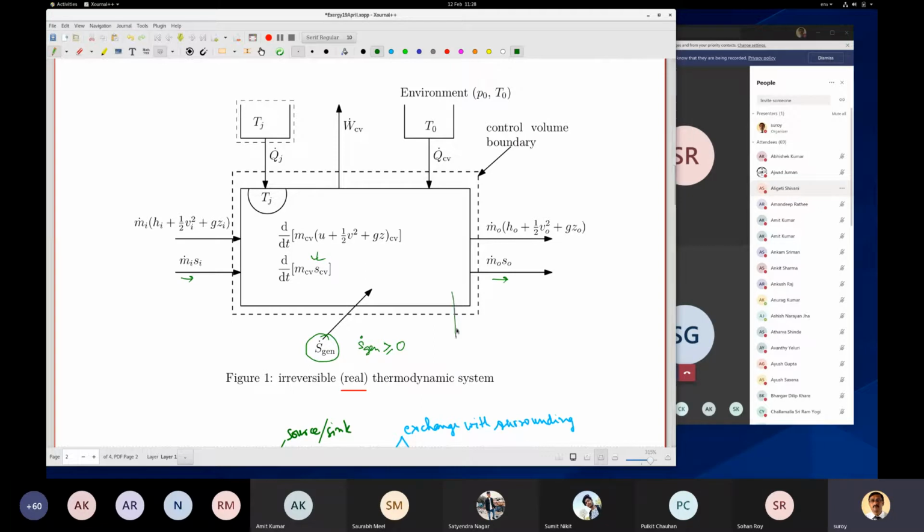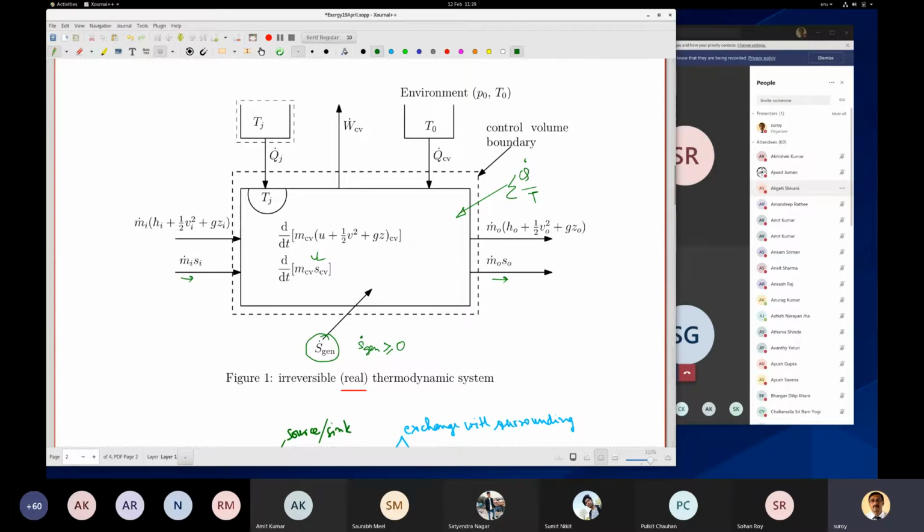And that is your the other part that is coming in is Q dot by T. All the Q dot by T's, right?